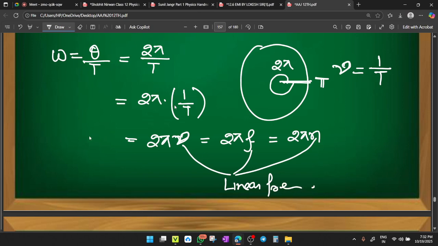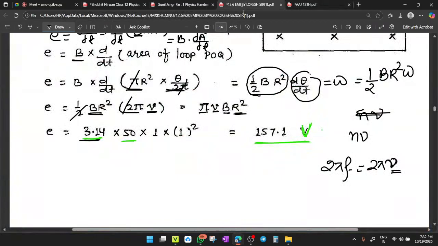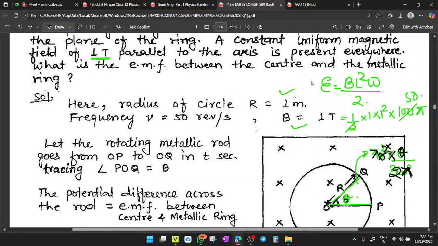Agree? And this is angular velocity or angular frequency. So place the values here. All equal to 1, and now this is equal to 157.1. Or otherwise, if you have learned this formula, just apply it: B L square omega by 2, where omega in the form of frequency is 2 pi into linear frequency.